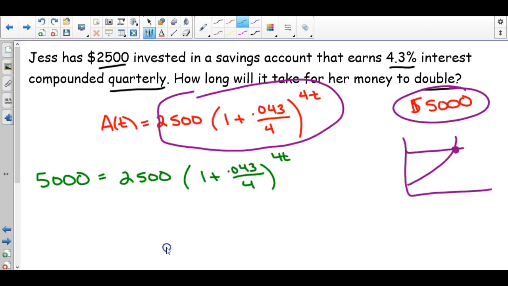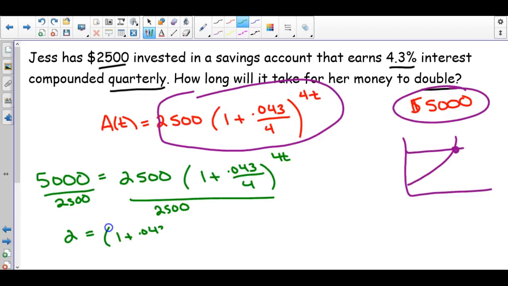And I'm going to start by doing a little bit of simplifying. I'm going to divide both sides by 2,500 first. And that's going to give me 2 on the left-hand side. And then over here, I'm going to have my parenthesis 1 plus 0.043 over 4 to the power of 4t.